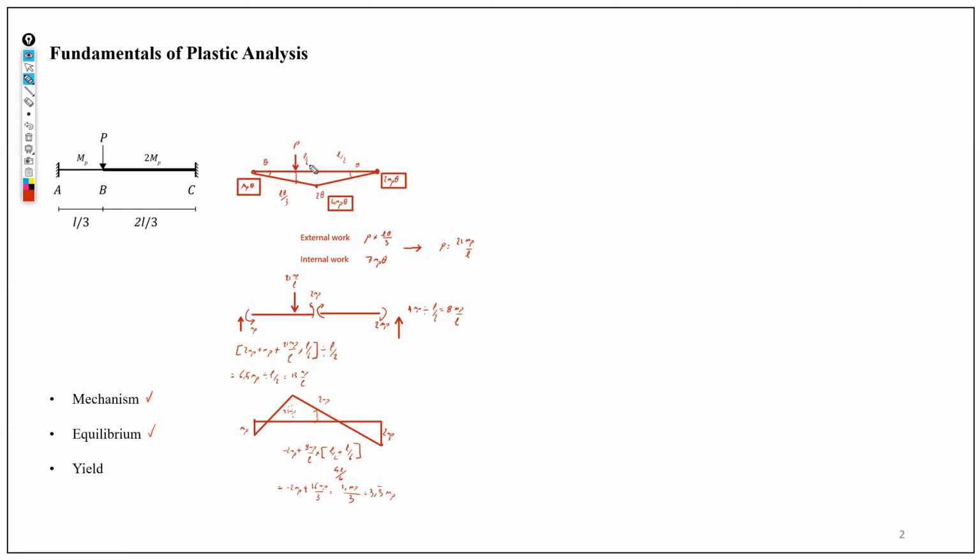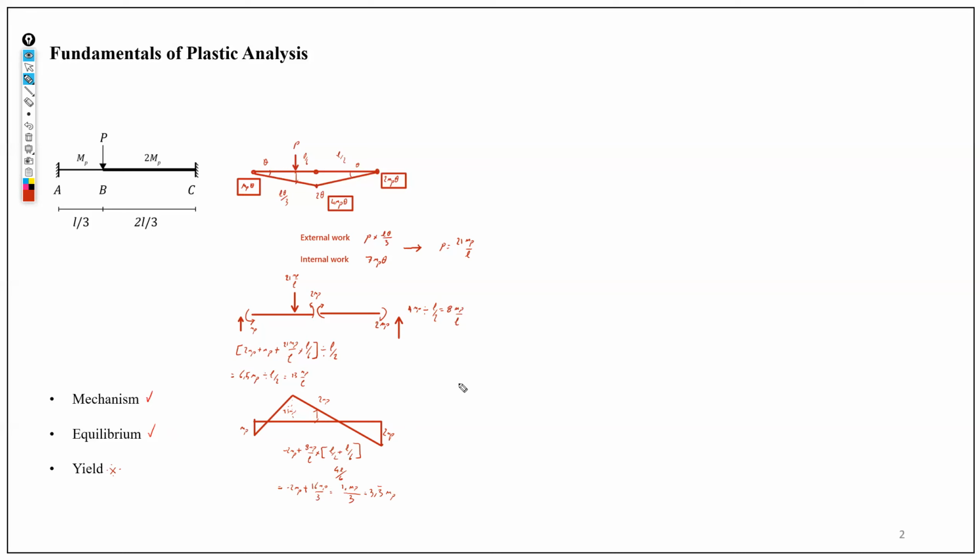Up to now, let's summarize what we have done. We assumed one mechanism. Using that mechanism and the virtual work method, we obtained the force to yield that mechanism. And based on that force and internal actions, we found the moment diagram, internal actions, you can see here. So we have right now a mechanism, we have our equilibrium, both of them are satisfied. Then using this equilibrium and also internal actions, we see that at this point, the yield condition has been violated.